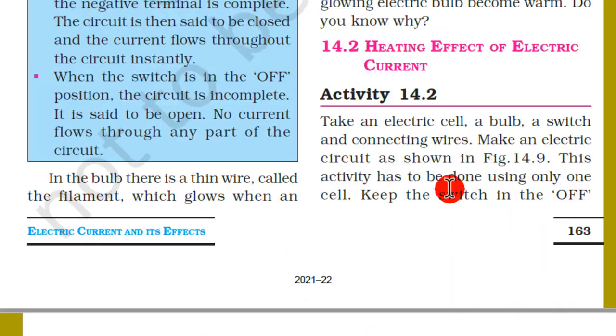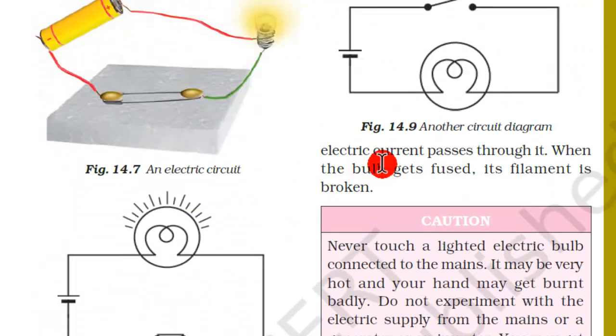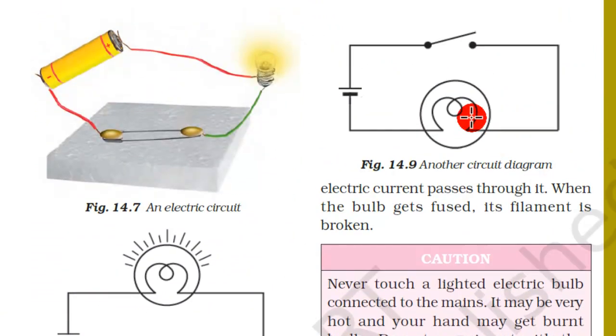And the next topic is the heating effect of electric current. For this activity, we will take an electric cell, a bulb, a switch, and connecting wires, and we will make an electric circuit as shown in figure 14.9, that is here.